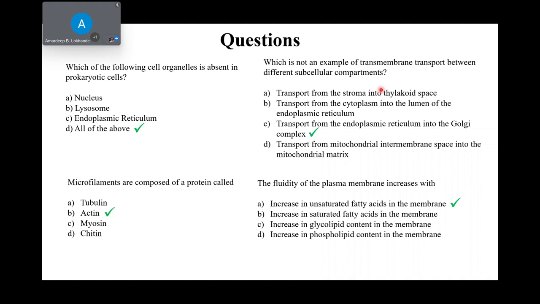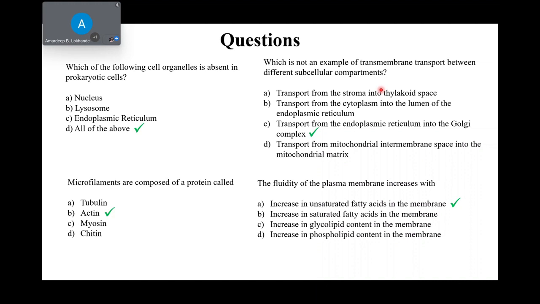It is within the mitochondria, so it is within the compartment of a cell. Similarly, in the endoplasmic reticulum, from the lumen to the outside cytoplasm, so across a compartment. Similarly, in chloroplast, it is between stroma and thylakoid space. But in the last one, you have endoplasmic reticulum and Golgi complex being two different organelles, and the movement is just across them. So that's why this is not subcellular traffic or subcellular movement.